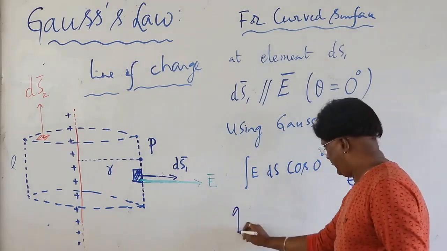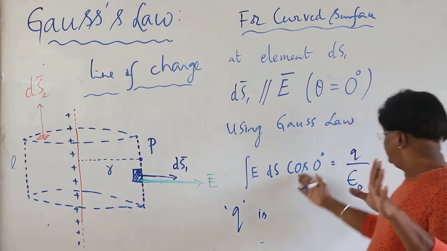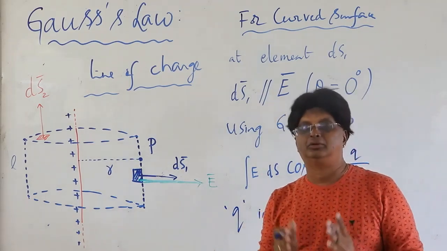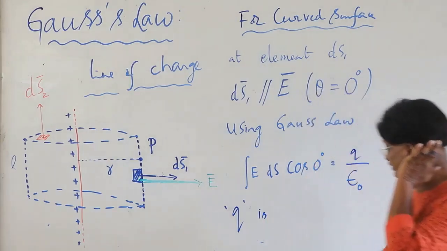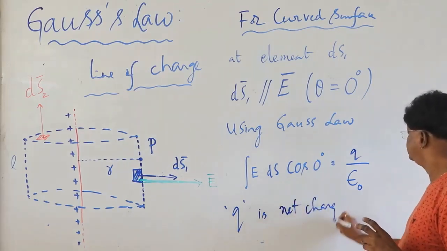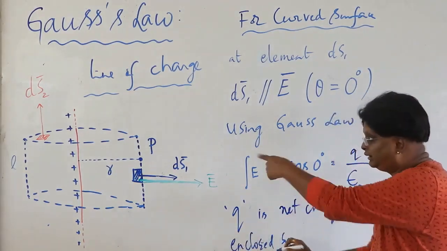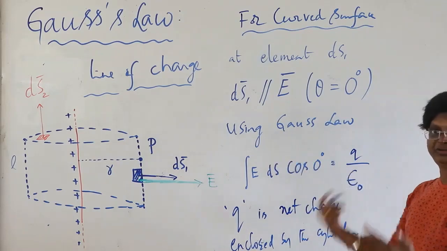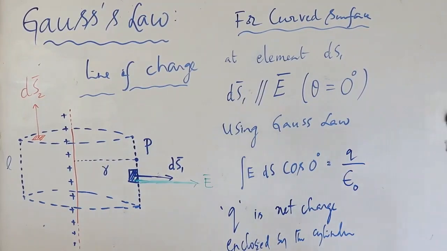Now mention what is Q. Q on the RHS of your Gauss law always represents the net charge enclosed by the Gaussian surface. Remember that symbol, sigma Qi. Therefore here Q is the net charge enclosed by the cylinder, the Gaussian surface of length L and radius R.